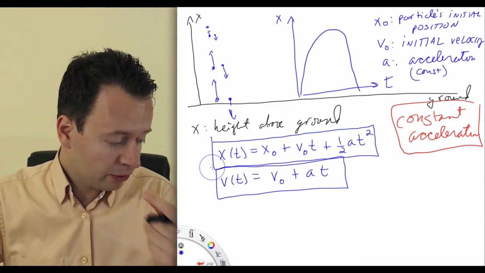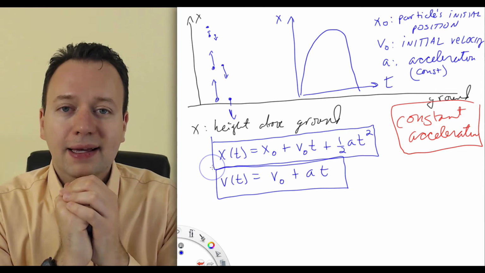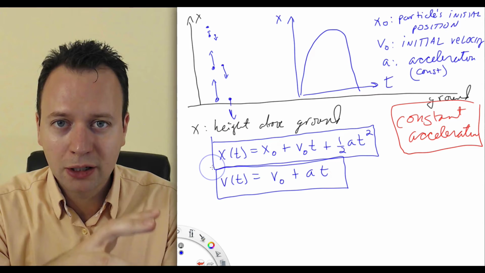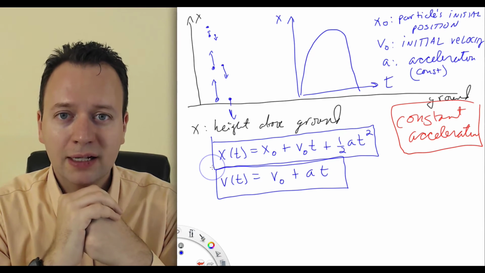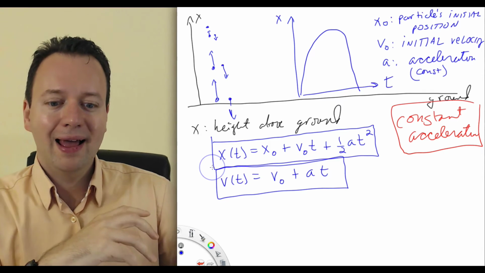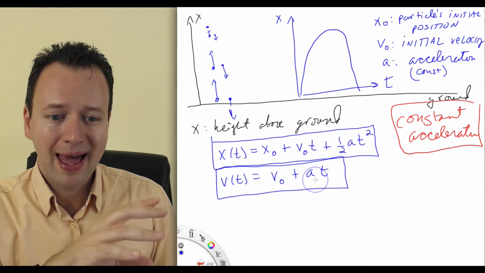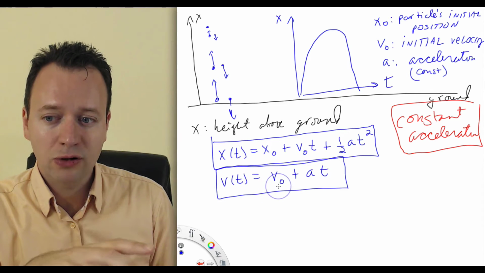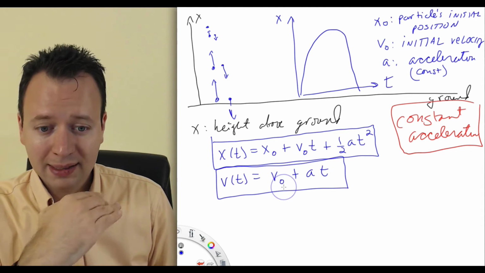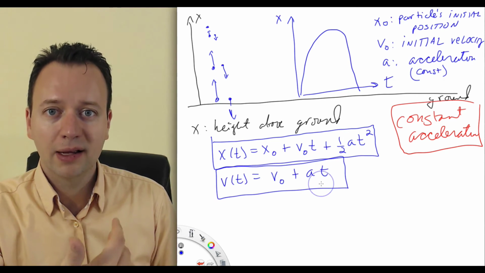Now this makes sense because acceleration tells you how your velocity is changing. If your velocity is changing at 5 meters per second squared, it's your initial velocity, plus every second I'm going to add 5 meters per second onto the initial velocity. So if my initial velocity is 0, it's just 5 times t. After 1 second, my velocity is 5.